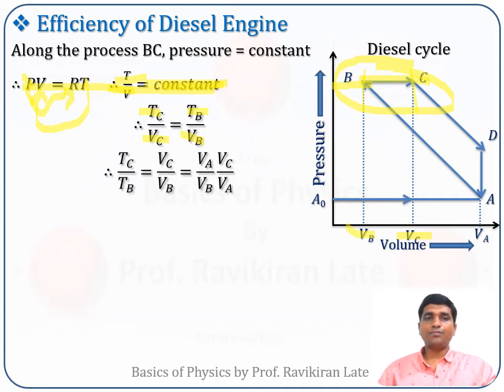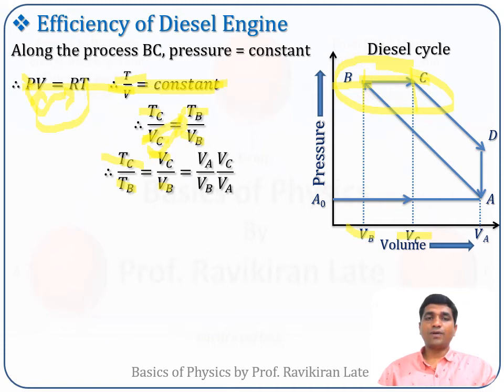Now TC upon TB we keep as it is on this side, and if I transfer VC to the numerator, TC upon TB will be VC upon VB.